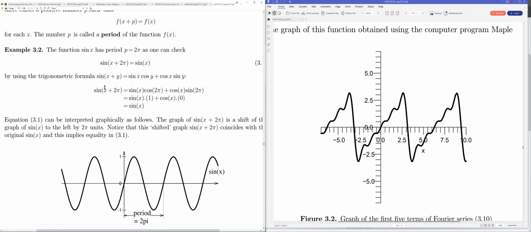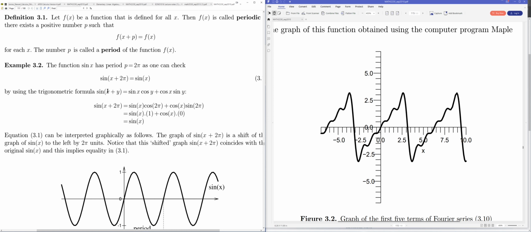So I can show using this trig identity that sine of x plus 2 pi is equal to sine of x, and according to my definition, that means sine of x is periodic with period 2 pi.